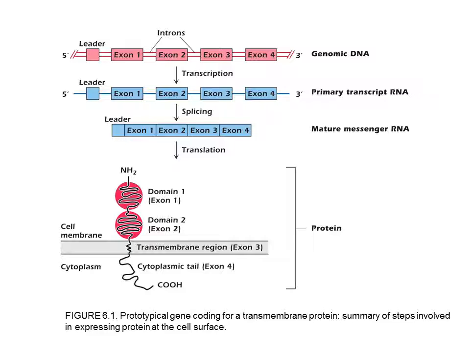Now we also have to keep in mind that there is gene expression and then there is control of gene expression. So the activation of different cells is controlled by gene expression at multiple levels.